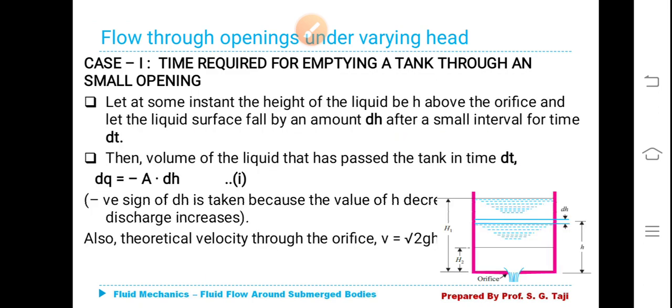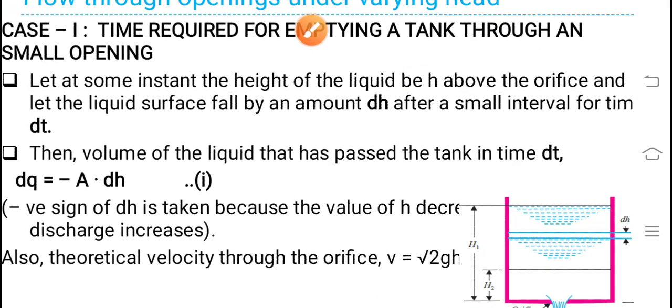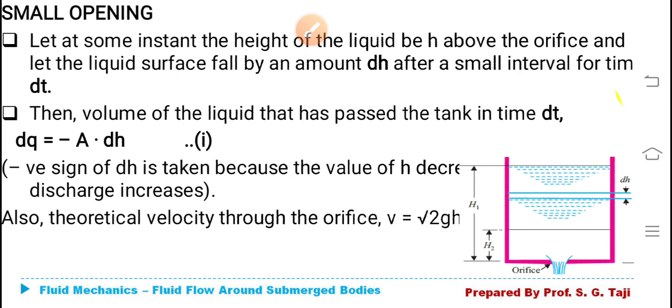Let us go back. Here h is the height above the device, and dh is the small fall in time dt seconds.